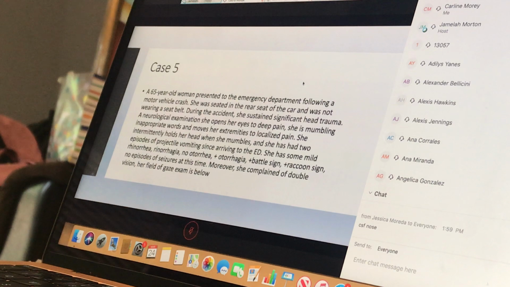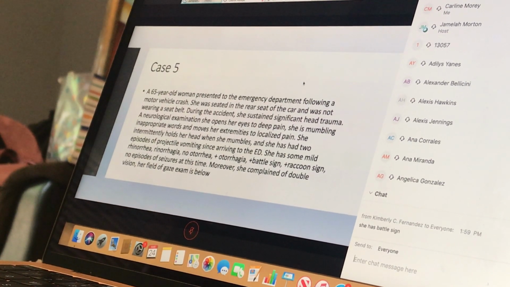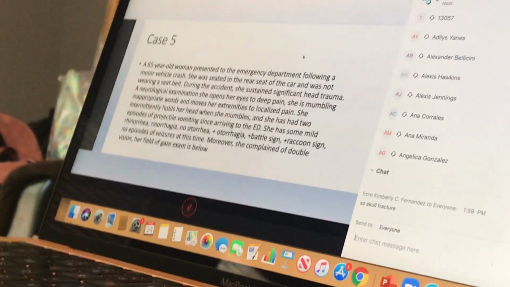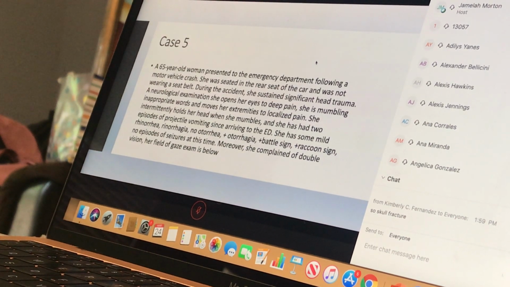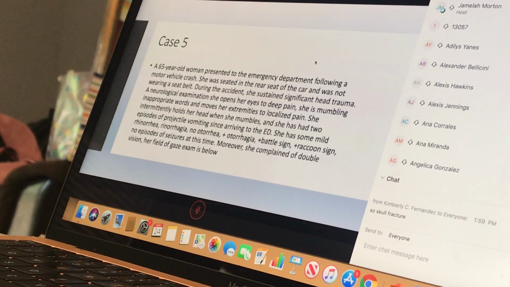Rhinorrhagia is bleeding from the nose, okay? She has no otorrhea, that means CSF from the ear, but she does have some otorrhagia. That means blood coming out of the ear, okay? So remember, anything with rhea, rhagia: rhea is CSF, rhagia is blood, okay?